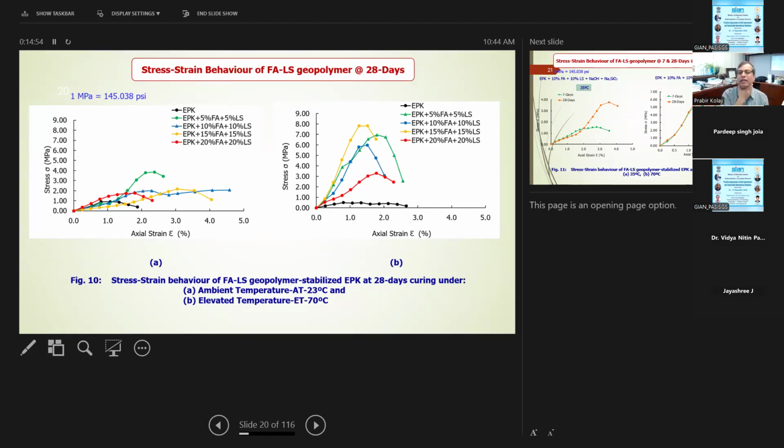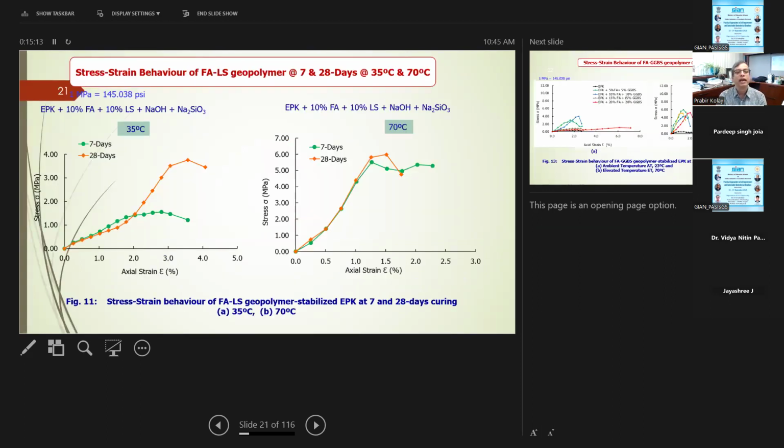After 28 days, the elevated temperature shows more strain compared to the normal temperature. But this is also quite high strain. You see that 5% fly ash and lime sludge gives 4 MPa, which is quite a strength. Then in this case, we tried with a little bit of temperature increase.